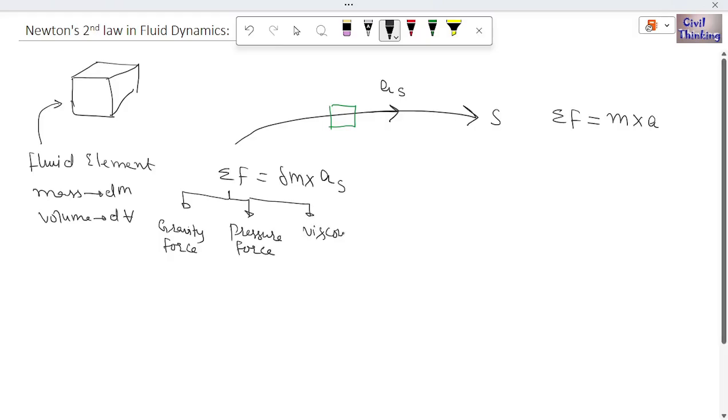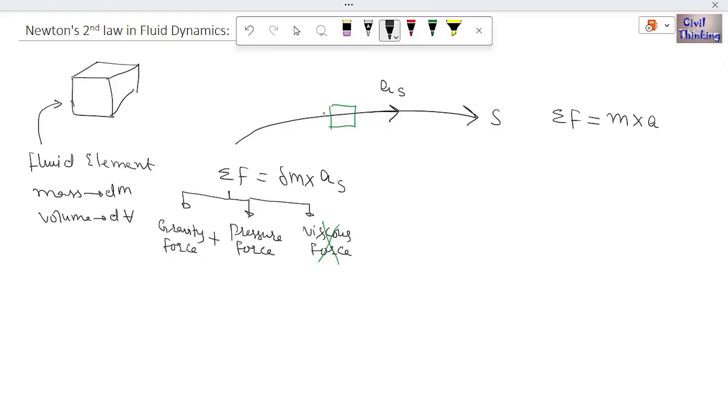Now what are viscous forces? They are those forces which arise in a fluid because of the viscosity. Since it is our first class, we are going to neglect the viscous forces, and then the summation of forces is only the sum of the gravity force and the pressure force.